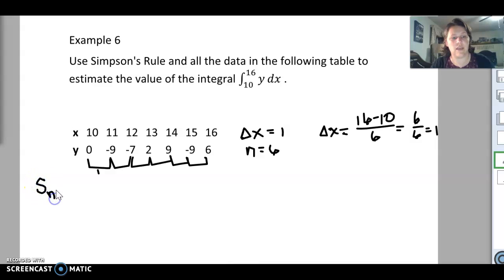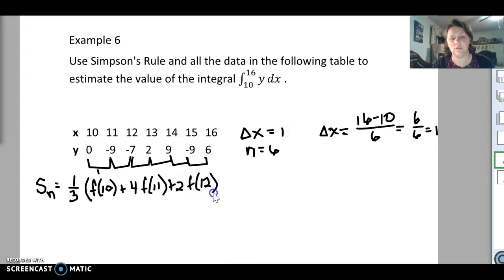So we are going to do S sub n is equal to delta x over 3. Delta x is 1 in this case, over 3. The over 3 is part of our equation, so remember that. With Simpson's rule, our first term has a coefficient of 1. So we're going to have f of 10 plus 4 times f of 11 plus 2 times f of 12 plus 4.